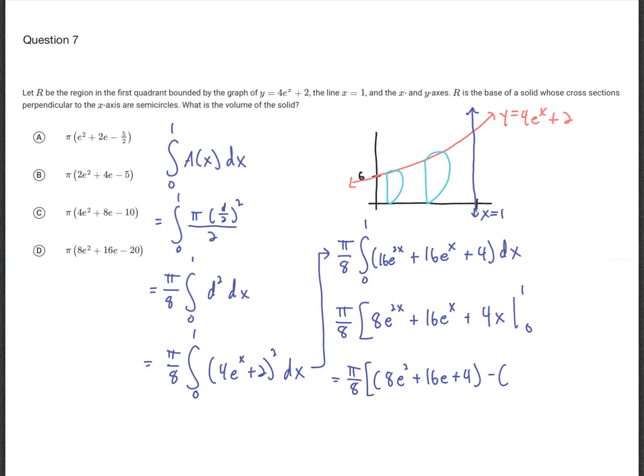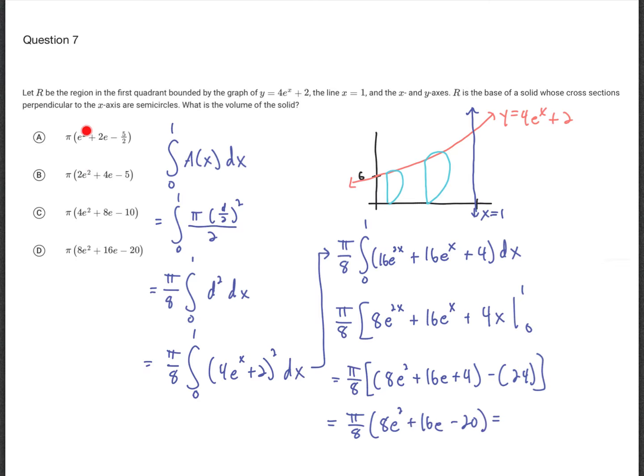So plug in 0, this just becomes 8 plus 16, because e to the 0 is 1, e to the 0 is 1. So this will just become 8 plus 16, that'll be 24. So that's 8e squared plus 16e. Can't do anything about those, and that'll be minus 20.